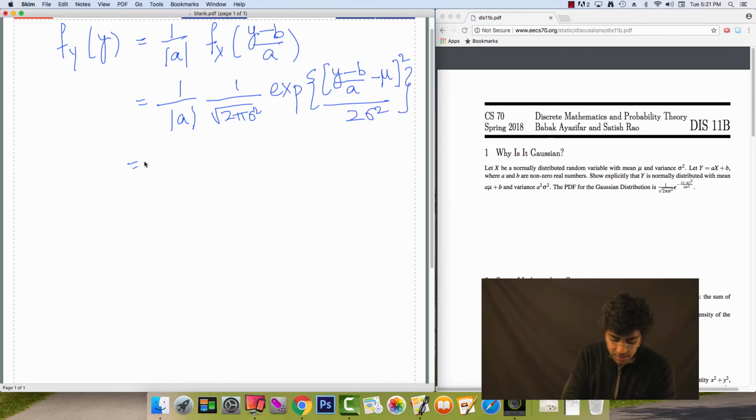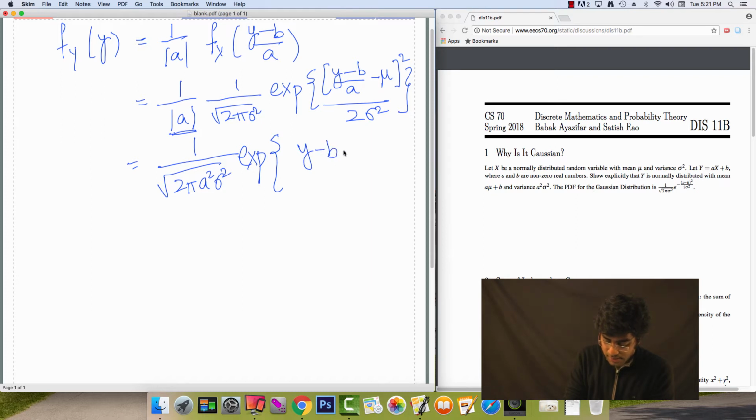OK, well, at this point, everything that I'm going to do is just algebraic manipulation. So I'm going to write mod a as the square root of a squared. So I will get 1 over root 2 pi a squared sigma squared times this exponential, where I'm going to multiply and divide by a and then take it outside. So I get (y minus b minus a times mu) squared over 2 sigma squared a squared.